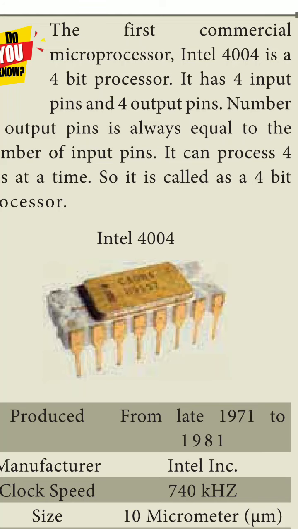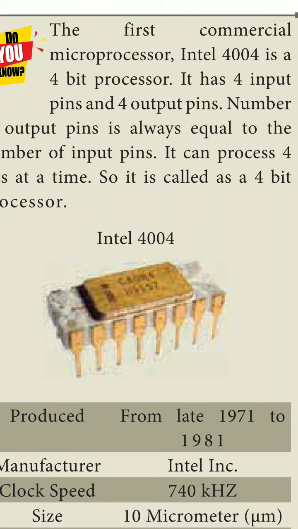In this IC you can see that only 8 pins are there. In computers there will be more than 60 to 70 pins. It will have a very large size, about a quarter the size of your palm, and it will be fixed inside the CPU board.